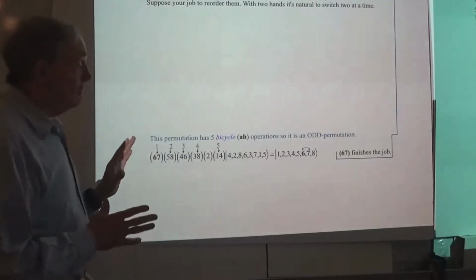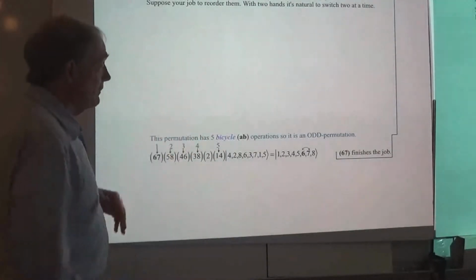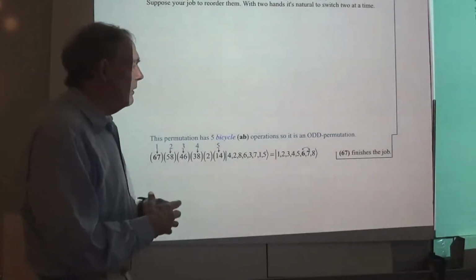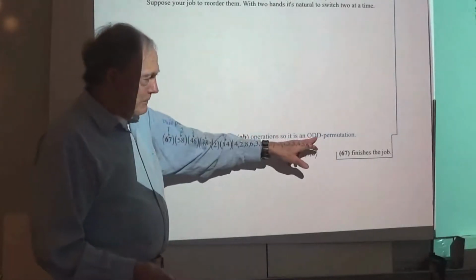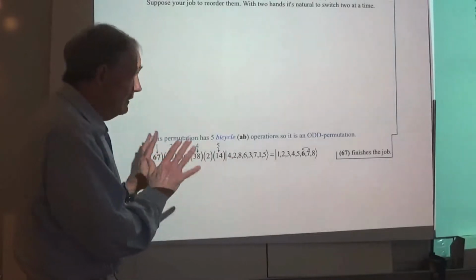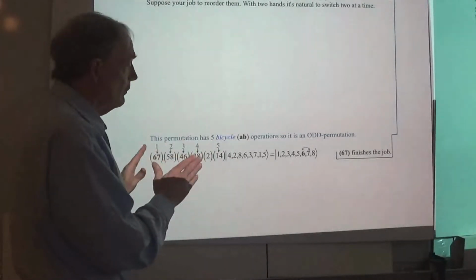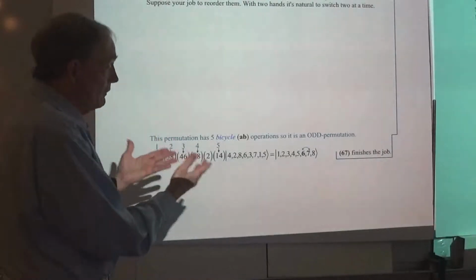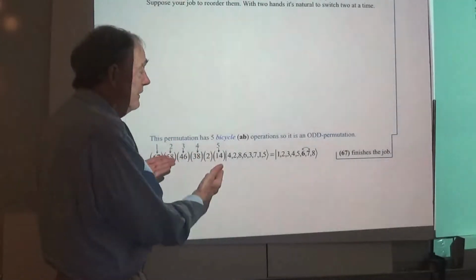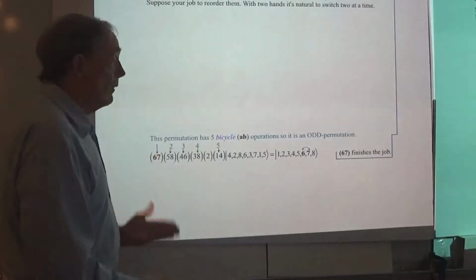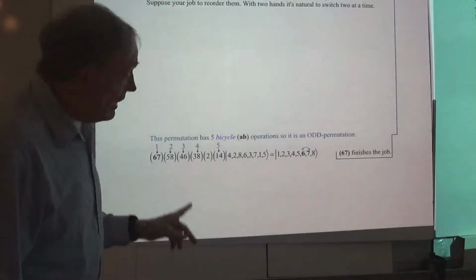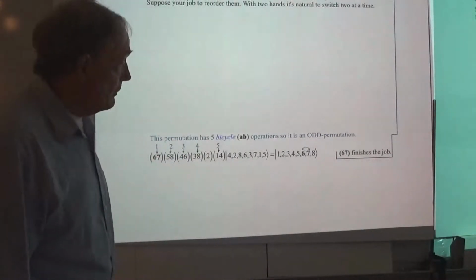So this particular permutation that cleaned up this particular day's misordered balls is an odd permutation. And this is something about permutation groups that is really quick to find. And it's important. The parity of a permutation is important. And this one is odd, because it's an odd number of bicycles.